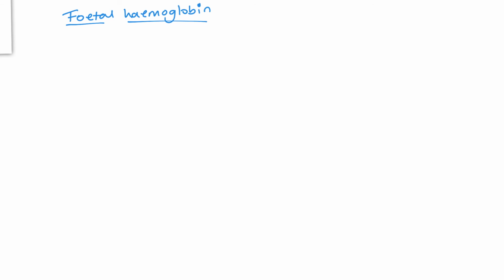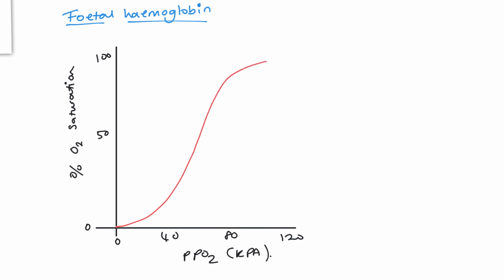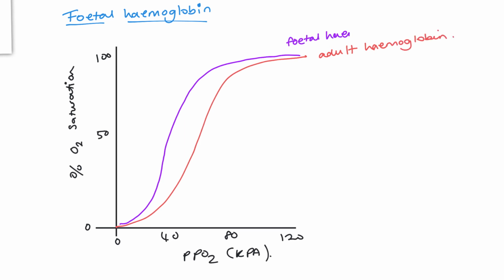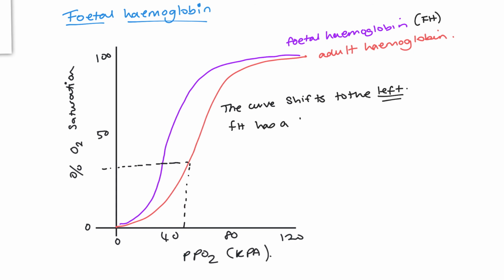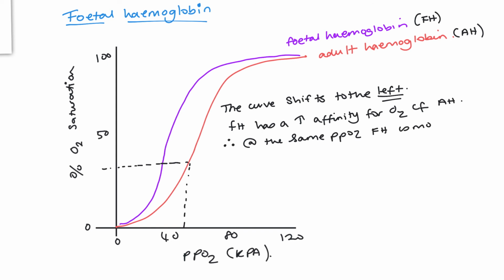So you need to think to yourself, okay, is my sigmoidal curve going to shift to the left or shift to the right? As you see, the fetal hemoglobin curve shifts to the left.